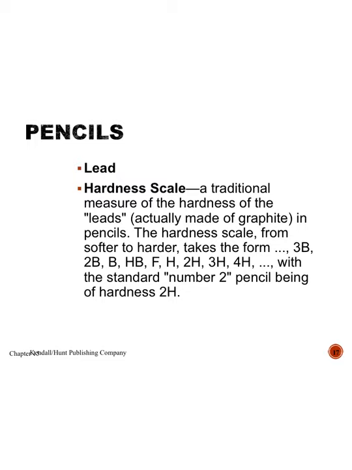If you are a person who enjoys art and likes to draw, you know that we have different values: 3B, 2B, B, HB, F, H, 2H, 3H, and 4H, and that indicates whether the lead is a little bit softer or harder. And it would also indicate the thickness of the lines. So some of those lines will appear thicker, and some will get thinner and thinner and thinner. Okay?